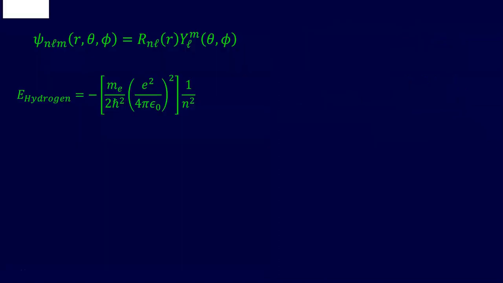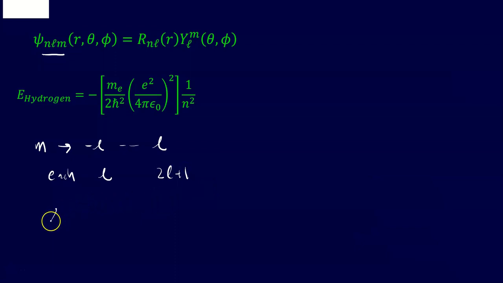Now, one thing we will talk a lot about is the degeneracy of these states. Each state is specified by n, l, m, these 3 quantum numbers. The m, as we were talking about, can go from negative l to l by integer values. So for each l, there'll be 2 times l plus 1 states that you can have.